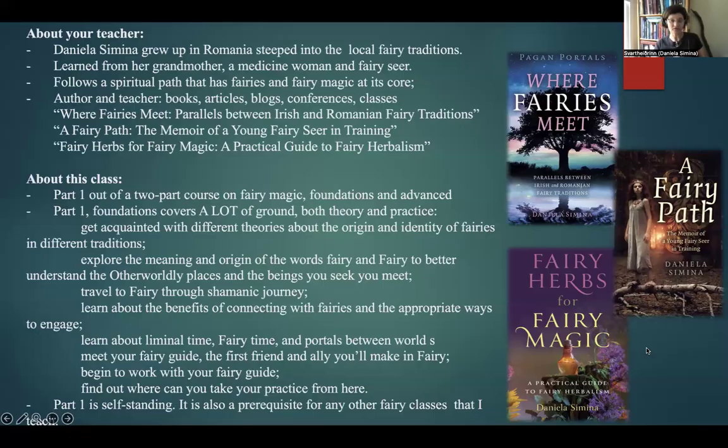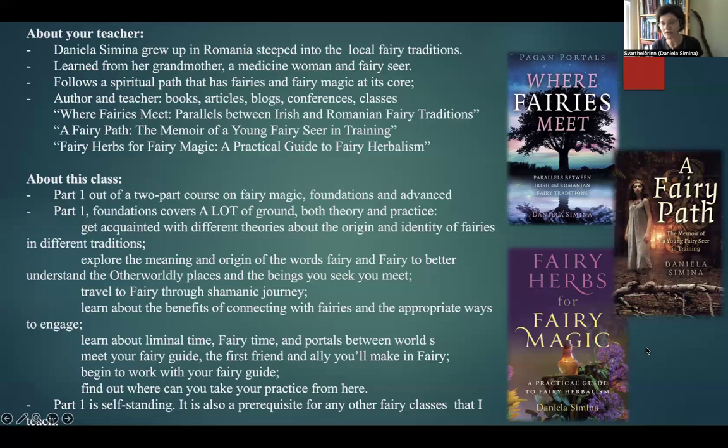I have to explain the word fairy seer because it's not really a standard term. I borrowed it myself because there is no real linguistic equivalent for it. A fairy seer would describe someone who receives their knowledge from fairies, and they're doing work on behalf of the fairies themselves or as directed by the fairies.